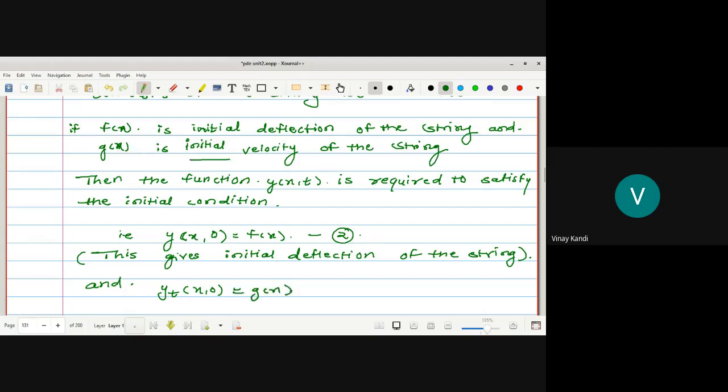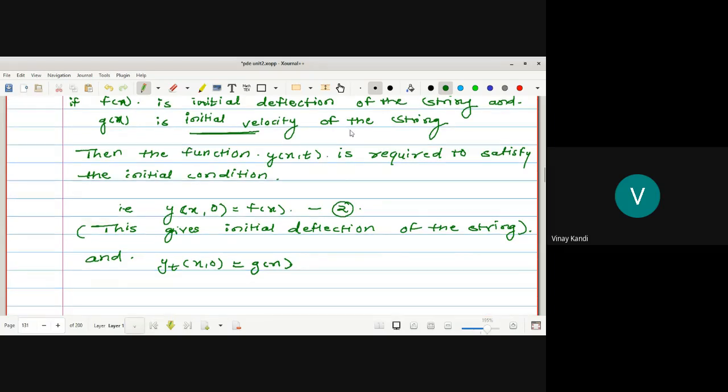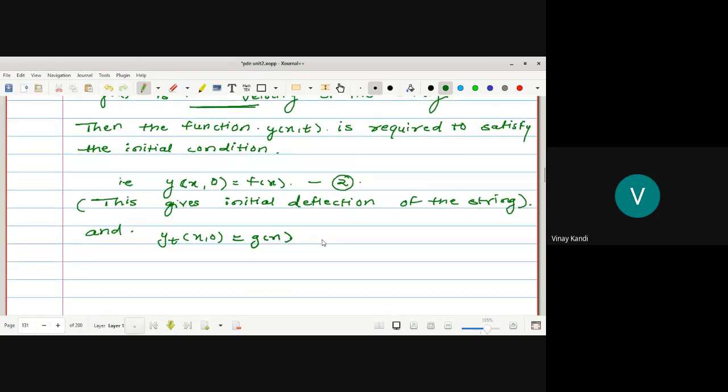We assume that this is the initial velocity. So yt of x0 is g of x. Give it as equation number 3. Write down in the bracket, this gives the initial velocity of the string. Okay, up to here any doubt?